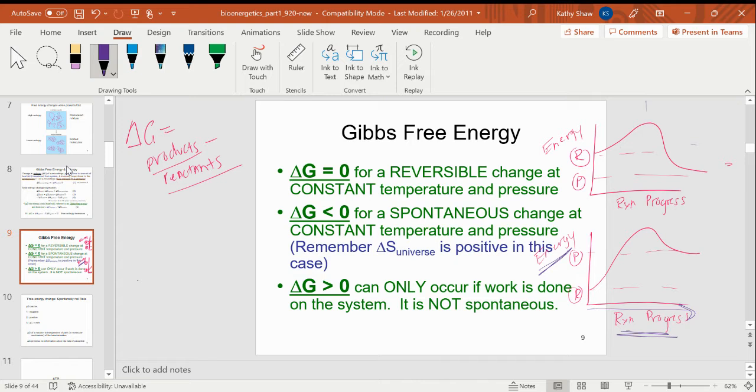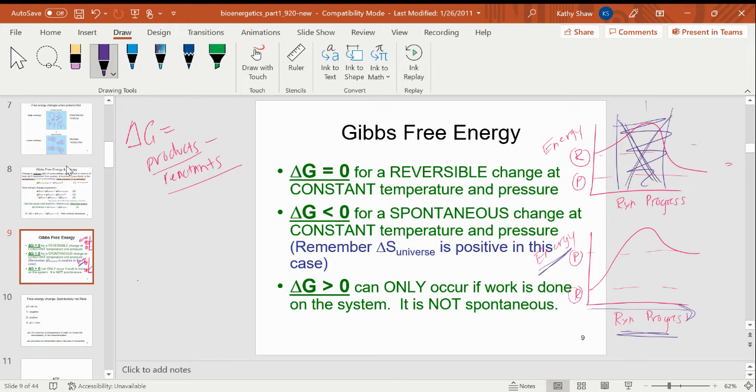I don't remember which way we drew it, which one had more energy, doesn't matter, because we were looking at what was going on in the middle of that reaction. Now we don't care, and the reason is that delta G is independent of the path of reaction. We don't care what's going on in the middle.